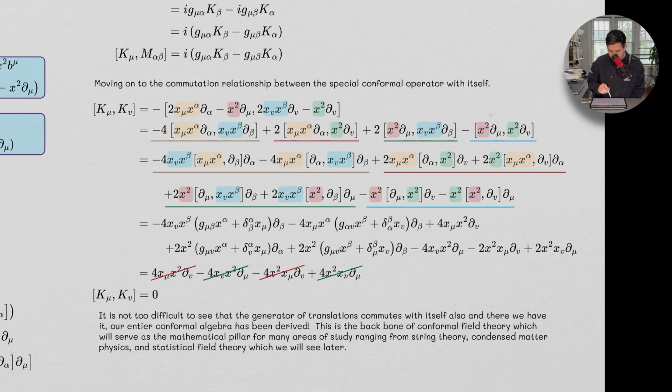Now I've underlined colors so we can follow the underlined colors as well. This brown one is going to expand into this brown guy here. This red guy is going to expand to this one. This green is going to expand into this, and this blue is going to expand to this.